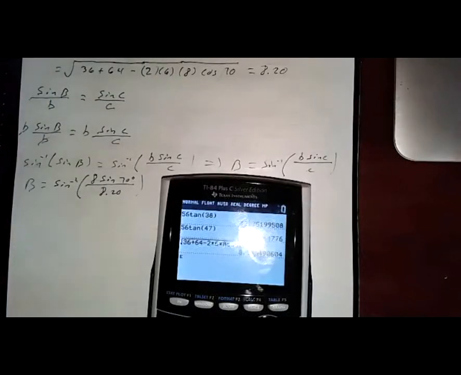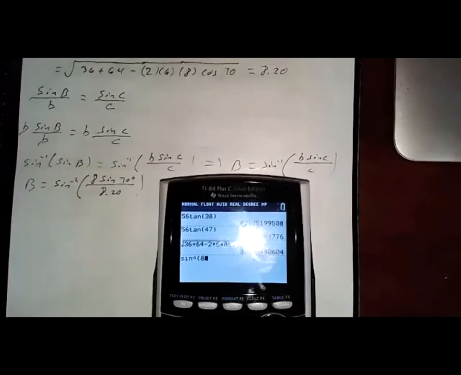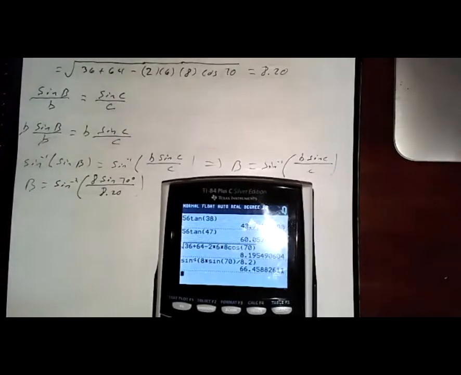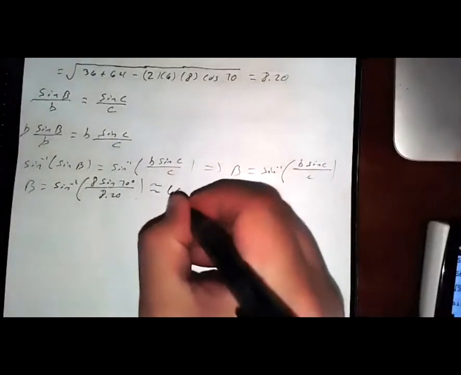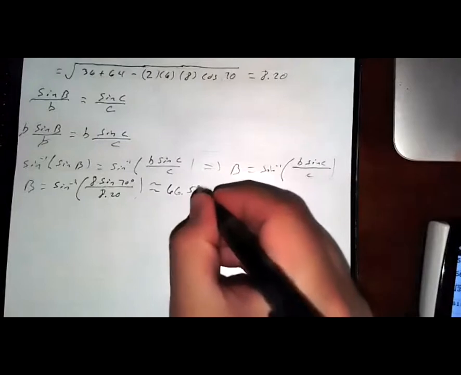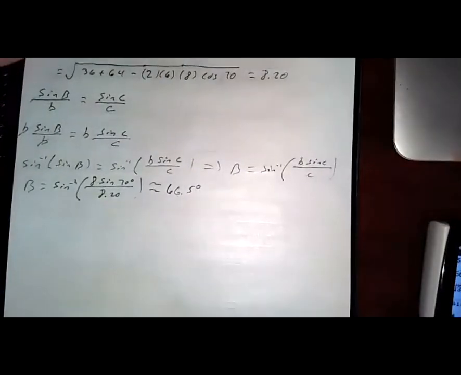Sine inverse of 8 times sine 70 divided by 8.2. So 66.46, or sorry, let's say 66.5, I guess. So this is approximately 66.5 degrees. So that is capital B.